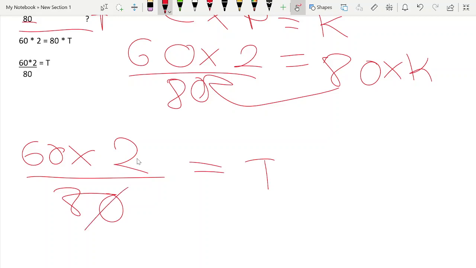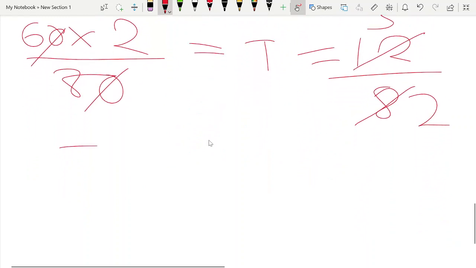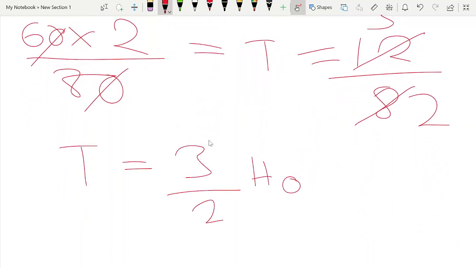Okay, now let's cross out the zeros. So it's equal to 12 by 8. We can simplify it by 4, so 2 and 3. So it's going to be T is equal to 3 by 2 hours.